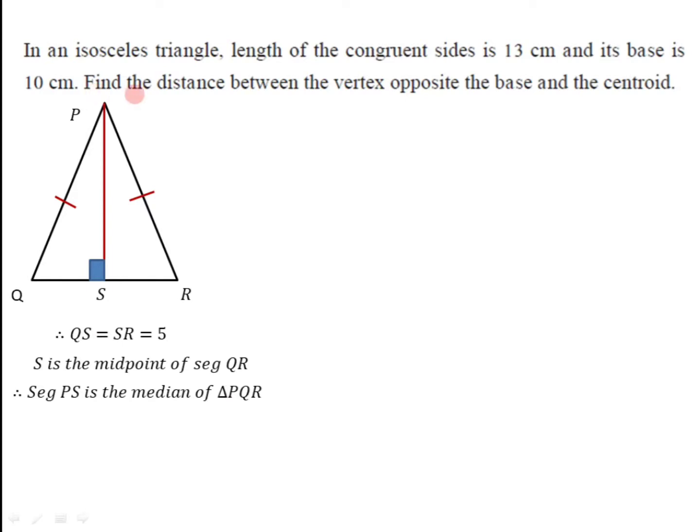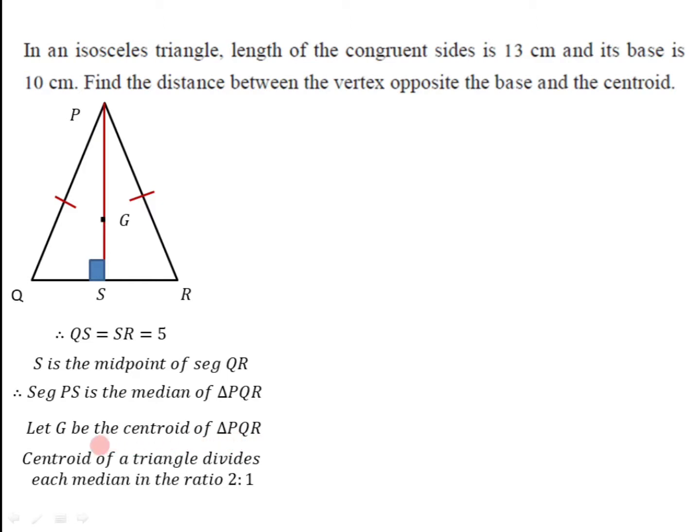Now here in the question we have to find distance between vertex opposite to the base and the centroid. Now we have to get the centroid for this triangle. We know that for any triangle, centroid is the point of intersection of three medians. So as PS is a median, on segment PS there must be a point G, which must be the centroid of triangle PQR.